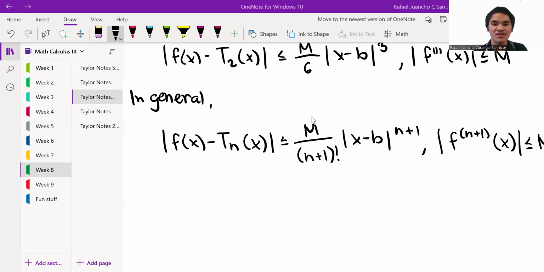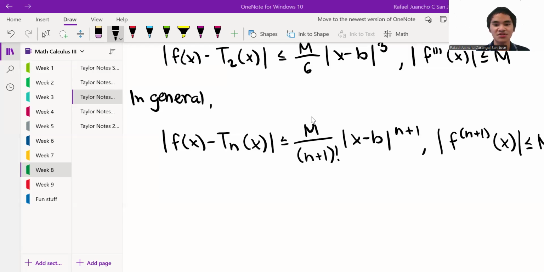Okay, so maybe let's look at a few observations, right? When we look at a tangent line error bound, so in section 1, that's when n is equal to 1. So actually we say the tangent line error bound is just the Taylor's inequality when n equals 1.